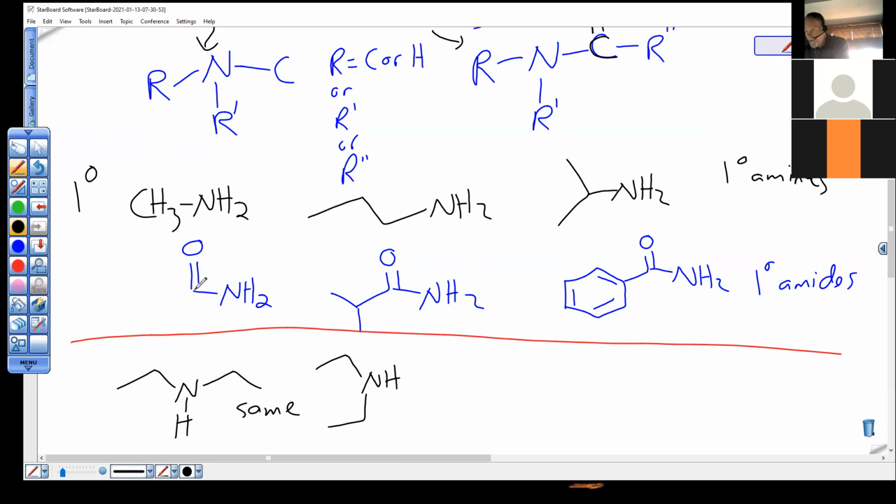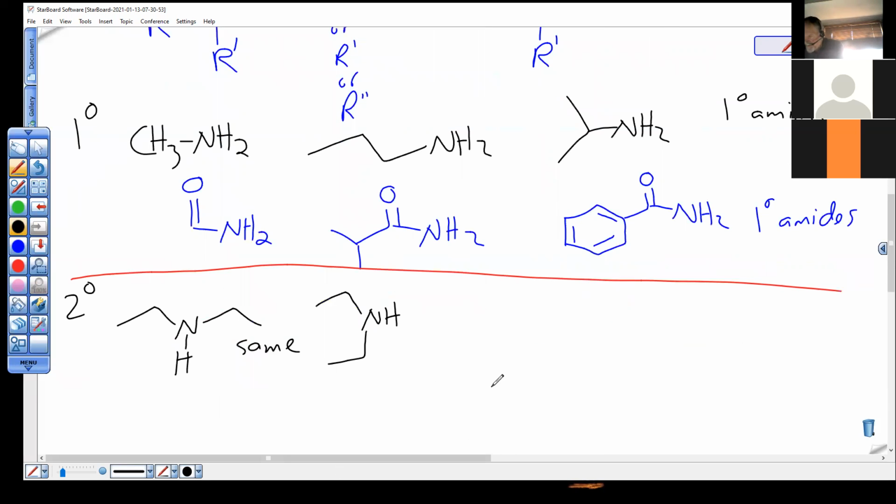Unlike where here I skipped an H, and here I skipped an H, here I skipped 6 H's. You're only allowed to skip H's on carbon. Don't find that out when you get your test back and you lost a point because you skipped H's on any other atom other than carbon on stick figures. So those are the same.